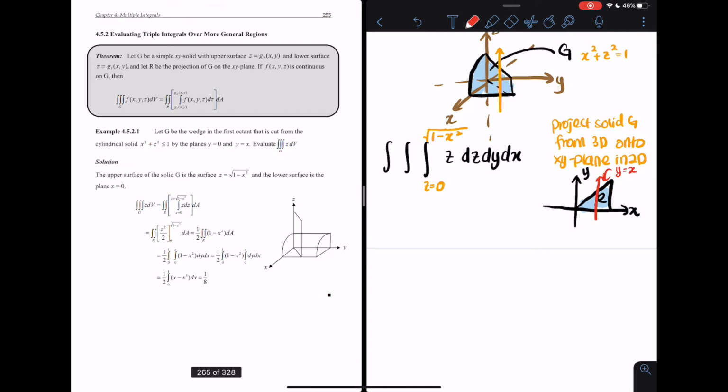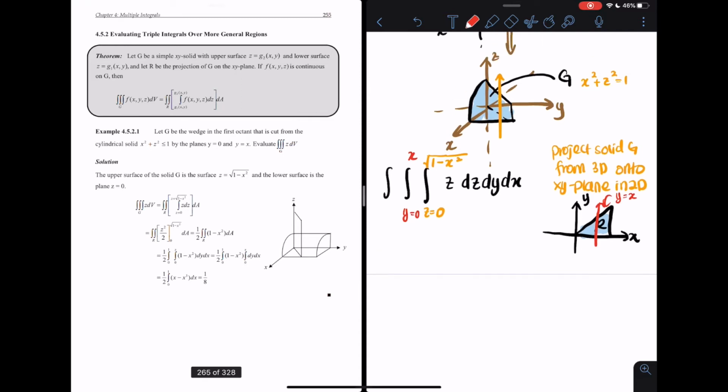Then I will get y equal to 0, and it will end at y is equal to x. Therefore, x will be the upper limit with respect to variable y.